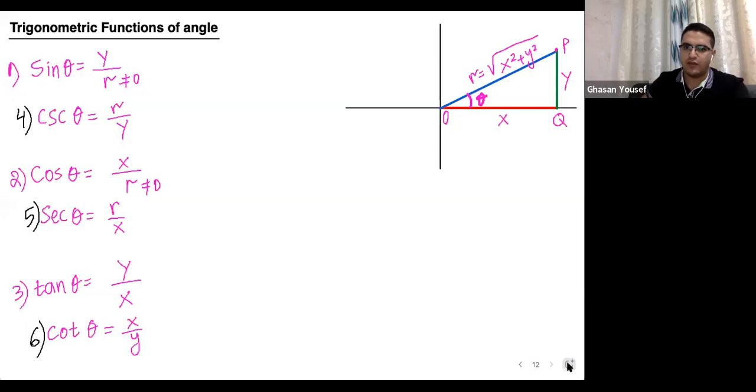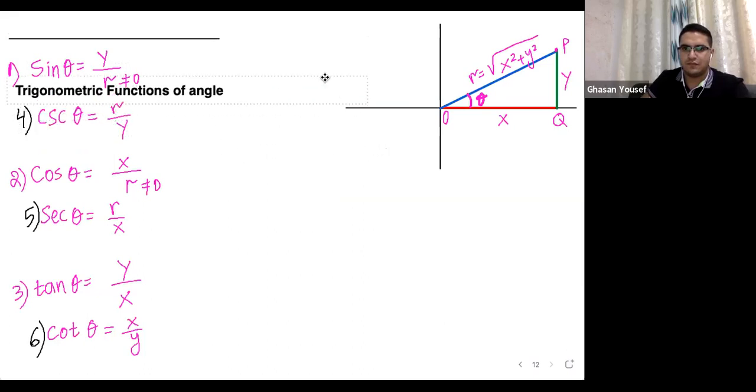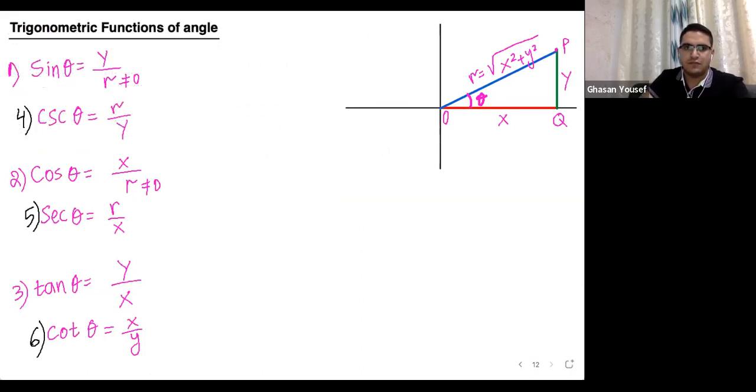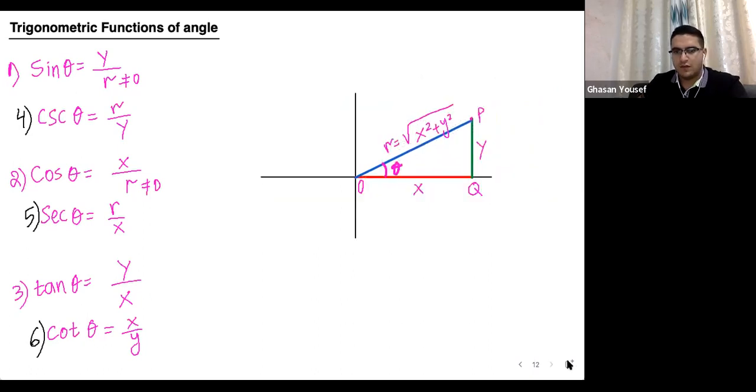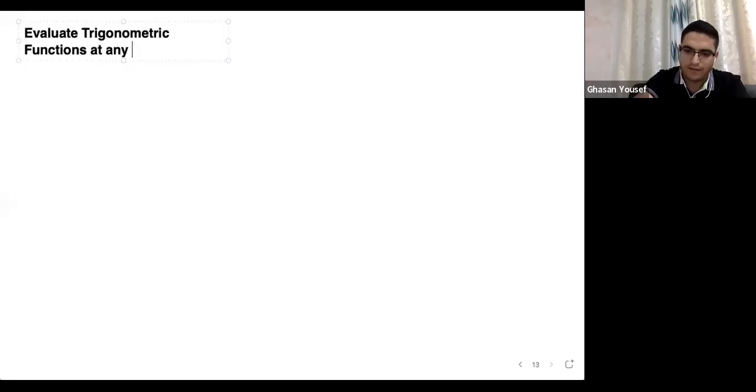I'm going to move to the next slide. So here, evaluate trigonometric functions at any angle.